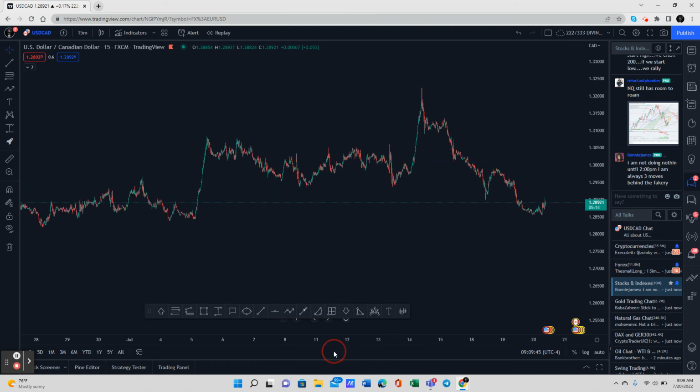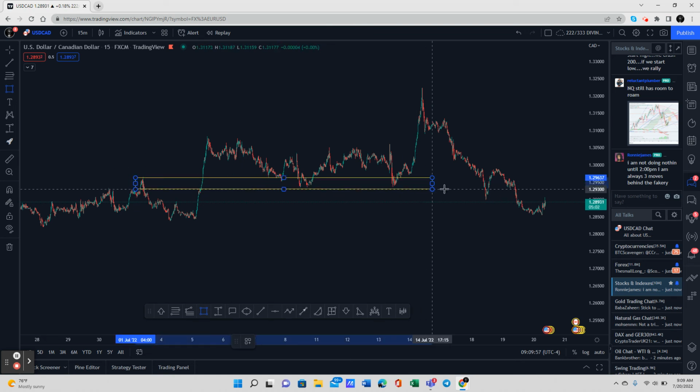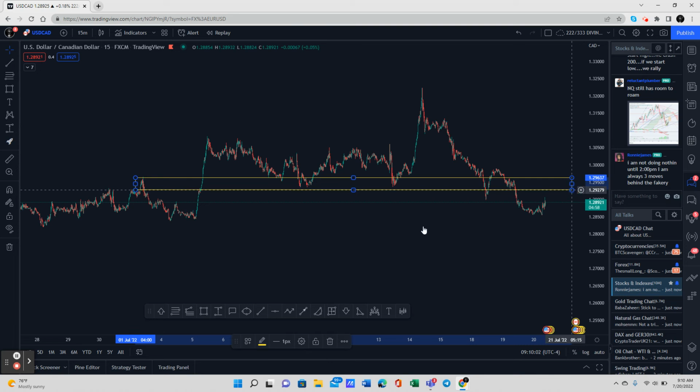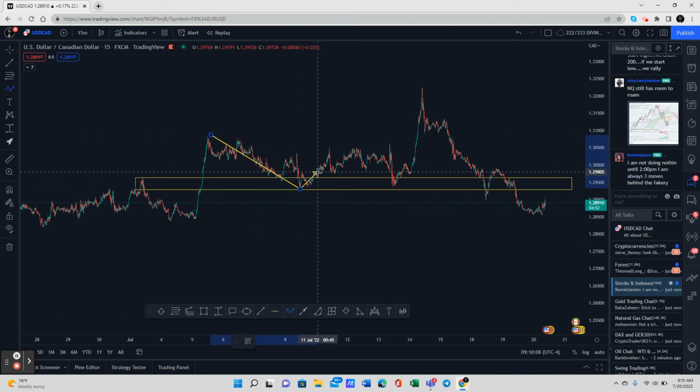This is a good one right here. We had this nice little run up, and then this was an area where the market could come back to. So we had this zone. This zone became a key level of demand. Price came out of here.